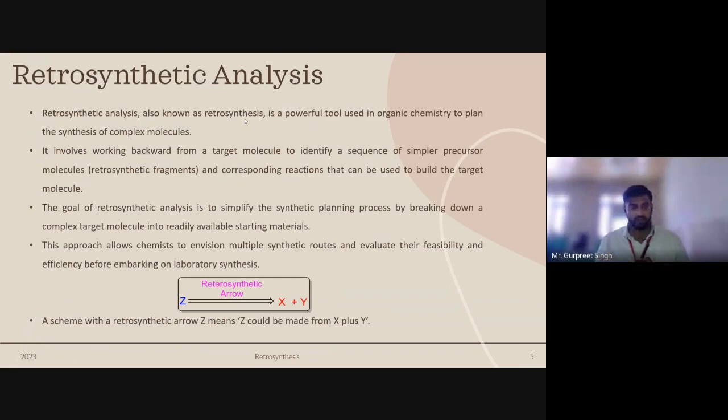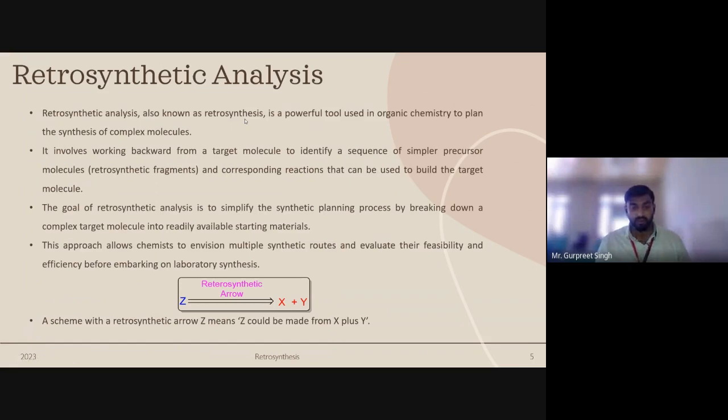The basic goal is to simplify your synthetic plan by breaking the complex target molecule into simple starting materials, which are easily available or can be easily produced in our labs. That will allow us to overcome the earlier discussed problems.